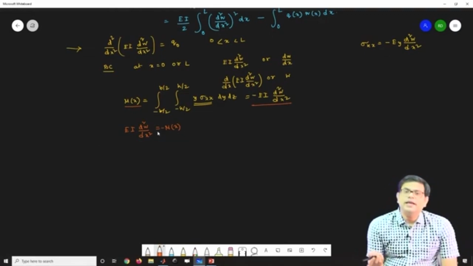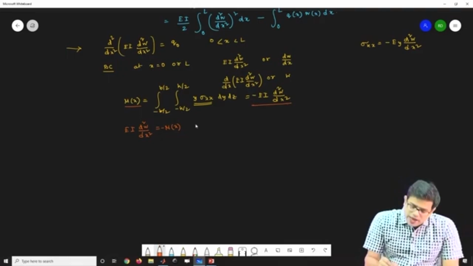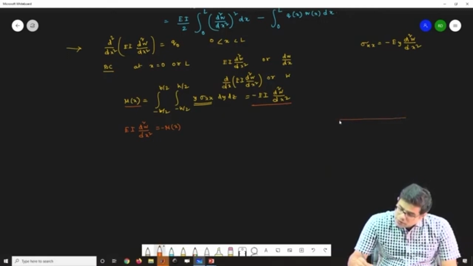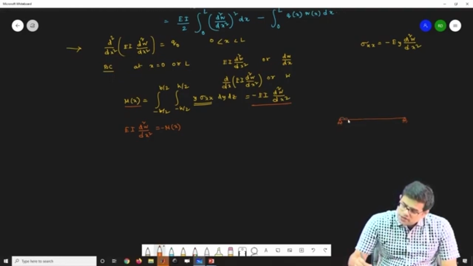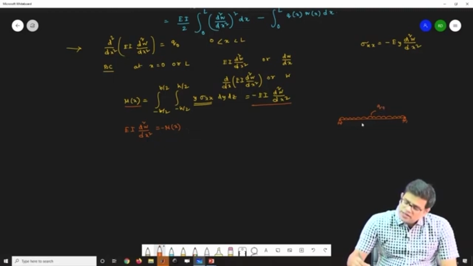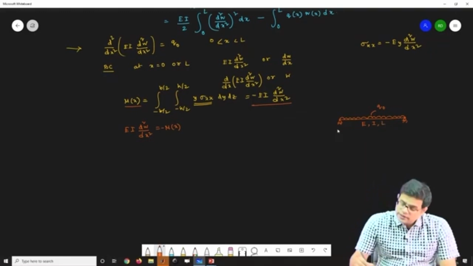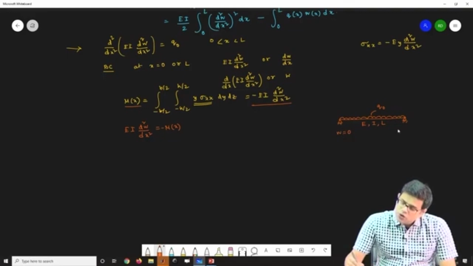If I take any Lagrange polynomial, let us consider a simple beam problem. Suppose this is a simply supported beam and there is a UDL, Q0. This beam has E, I, and L is the length, and the boundary conditions are w equals 0 at this point and w equals 0 at this point.